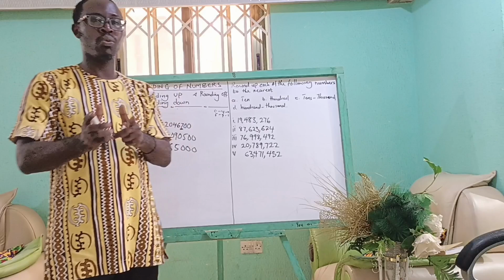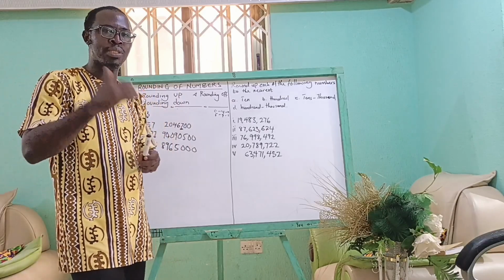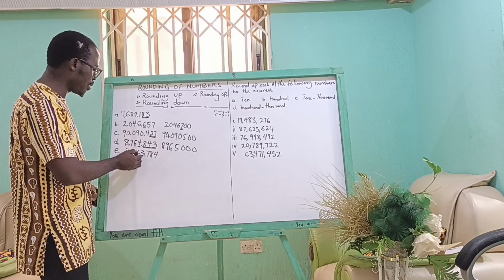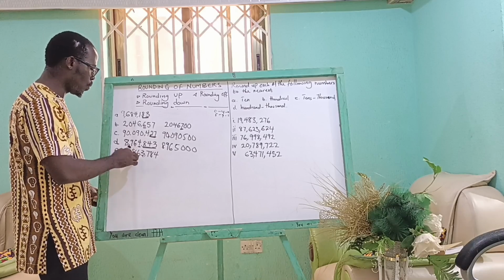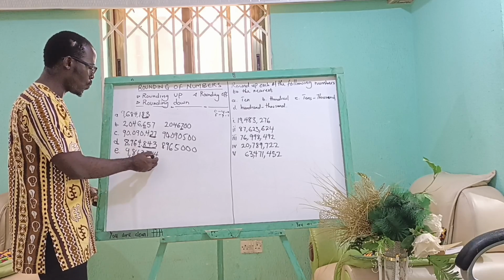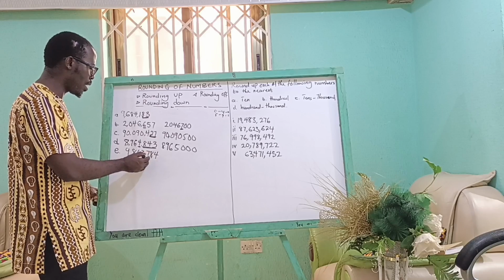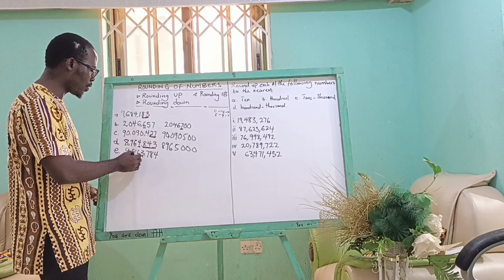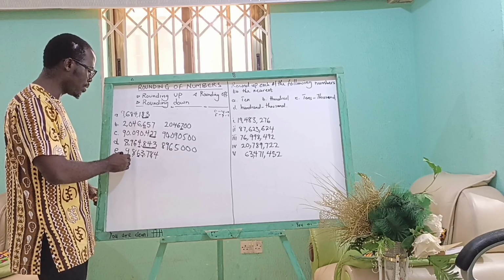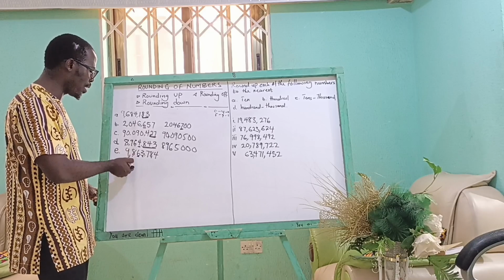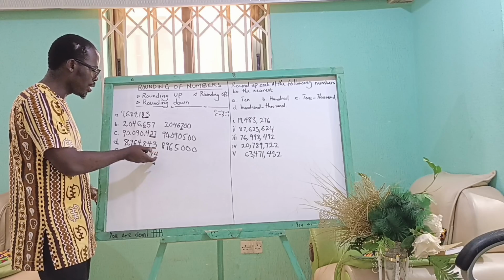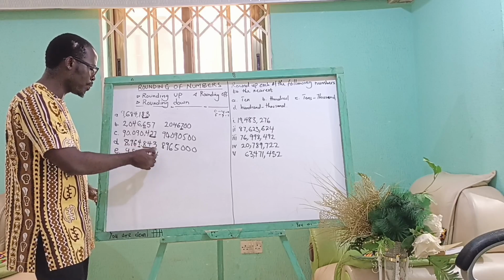So we use that one to determine the place. For instance, we want to know the place of this 6.